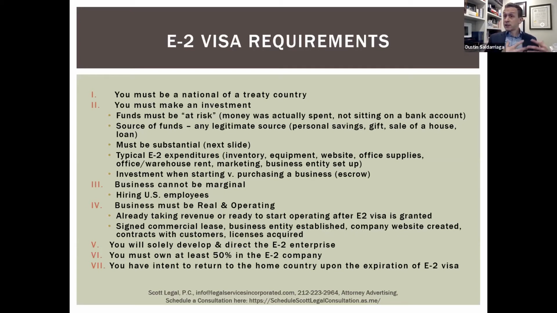So you can sell your home abroad and live in the US, but you absolutely cannot have the intention when you enter the US to adjust status and pursue a green card. So it is important to demonstrate to the government that you do intend to leave. And this is done usually by signing a letter, an attestation that just says, I understand I'm applying for a non-immigrant visa and my intention is to leave the US at the end of my status.